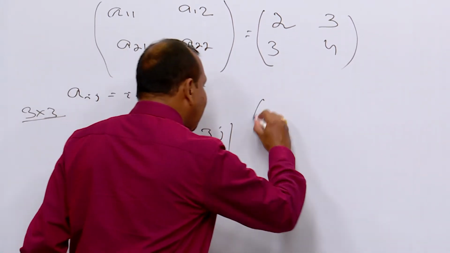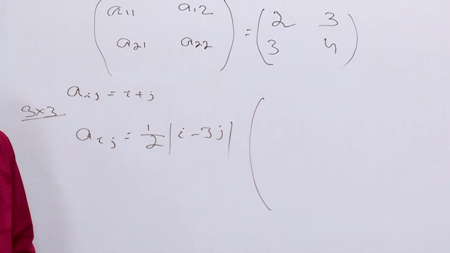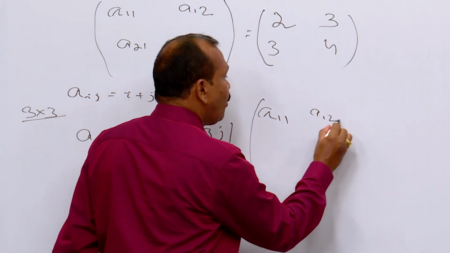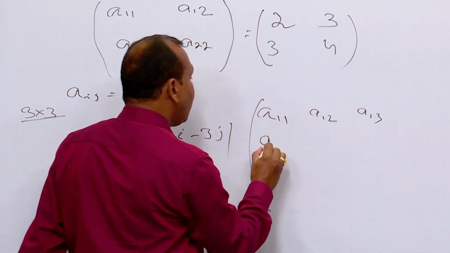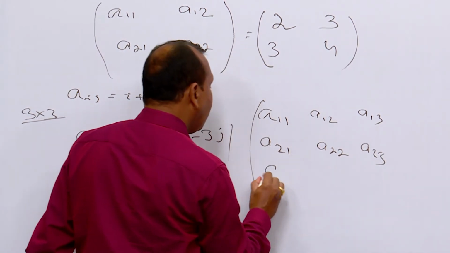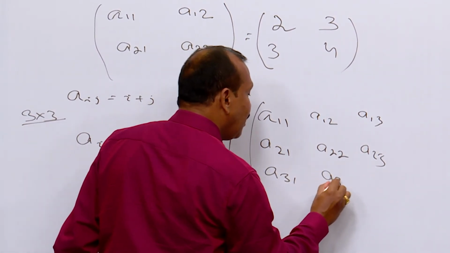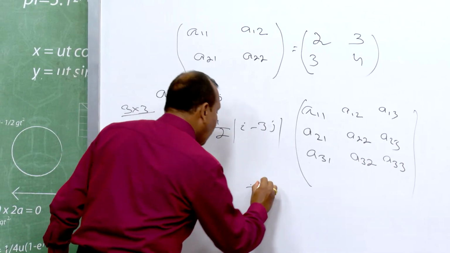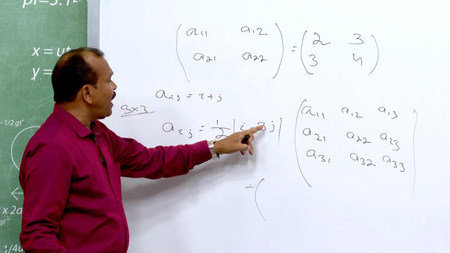First we construct a 3 cross 3 matrix in general form, that is A11, A12, A13, A21, A22, A23, A31, A32, A33, where aij is equal to half |i minus 3j|.